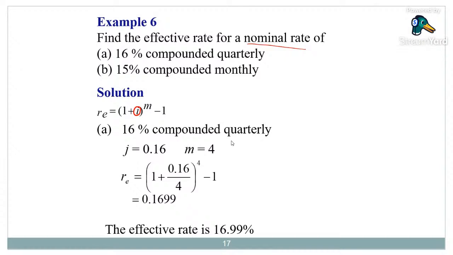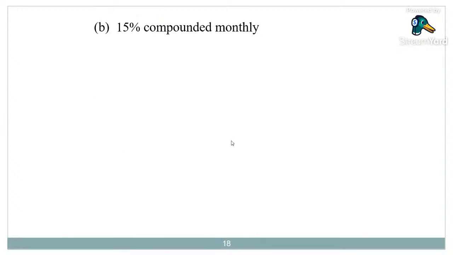Okay. So kalau untuk soalan B pula, it's 15% compounded monthly. So we have J equal to 0.15 and then M equal to 12. Because compounded monthly, so every month in a year, so 12 months, 12 times lah. And then RE kita masuk dalam formula 1 plus 0.15 divided by 12. Kena bahagi 12 bulan.